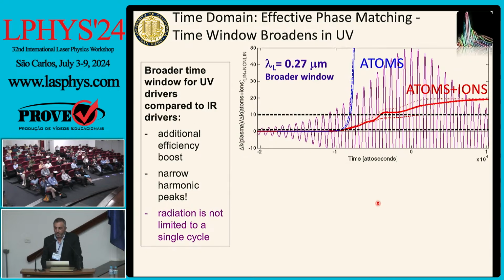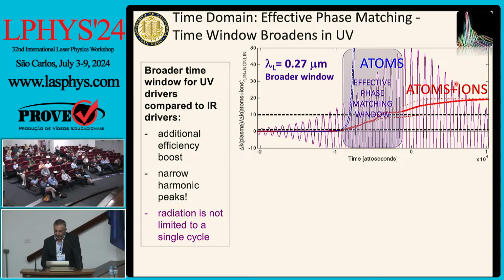One last component that I want to list is the temporal domain. When we use ultraviolet lasers, without going into details, I just want to mention that in the time domain we have an effective phase matching window which is relatively broad. In other words, we have contribution of harmonic bursts through a large number of half cycles of the driving laser.